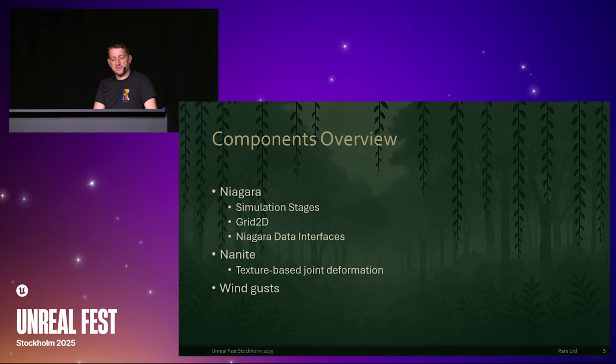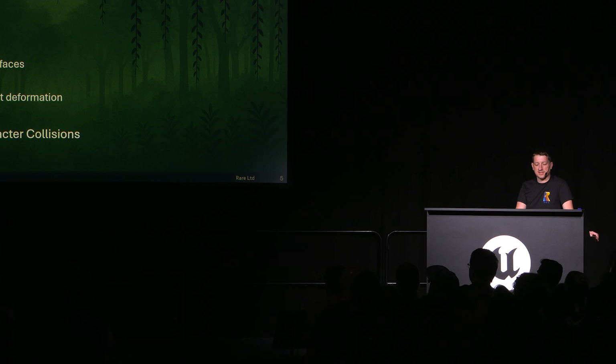We integrate world forces like gusts of wind to integrate the effect in the rest of the dynamic world. And finally, we also support collisions with the world signed distance field and animated characters. At the end, I'll also talk a bit about debugging tools and performance.